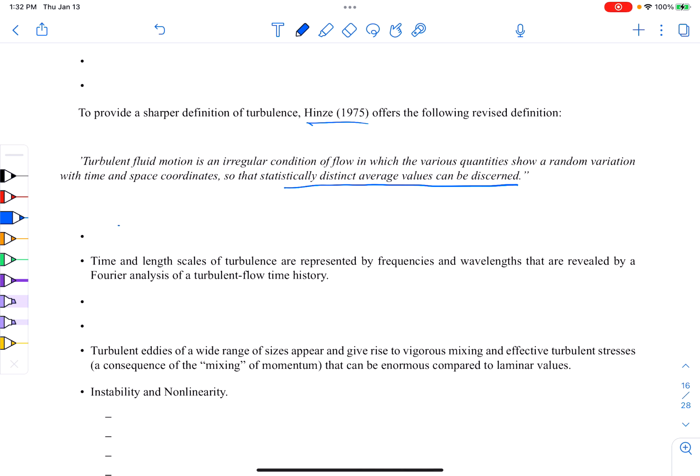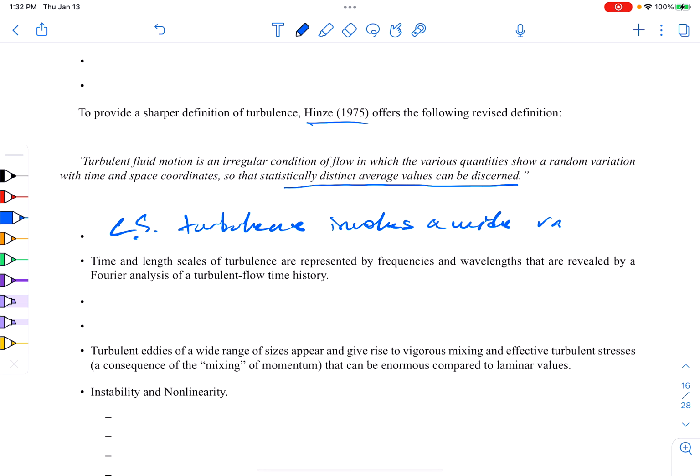And Cebeci-Smith modified it a little bit, that turbulence involves a wide range of scales. And you can see that just from Taylor's analysis from 1935, that there's going to be huge scales, like in the atmosphere. They might be on the order of kilometers, and the smallest scales might be on the order of centimeters or even smaller. And that's a huge range of decades.